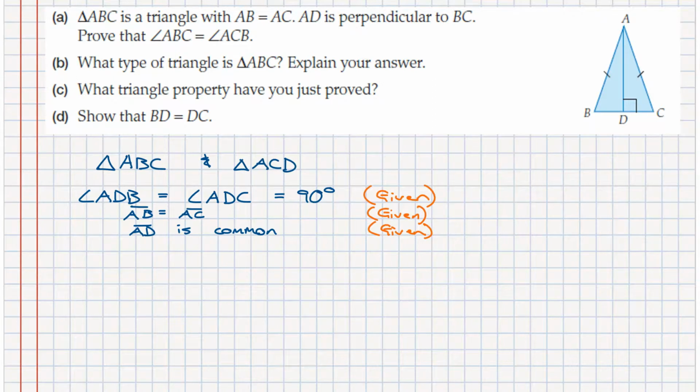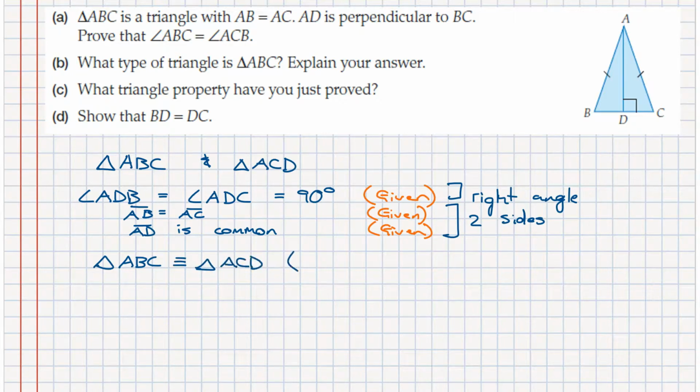Alright, so what do we got? We've got a right angle triangle, and we've got 2 equal sides, and we've also got a right angle. So what we find is that triangle ABD is congruent with triangle ACD, and we did that using the right angled triangle and side proof.